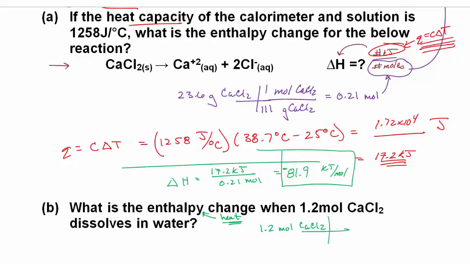And since I have a complete thermochemical equation, I can go from moles of a compound to heat. I have 1 mole of calcium chloride for every negative 81.9 kilojoules. So I get about a negative 98.3 kilojoules.